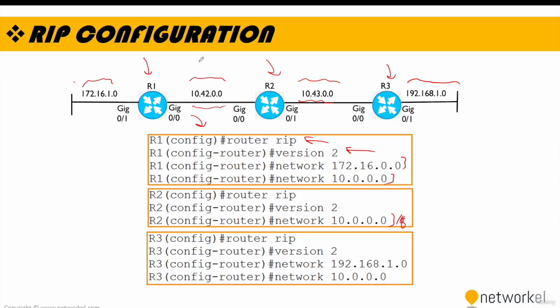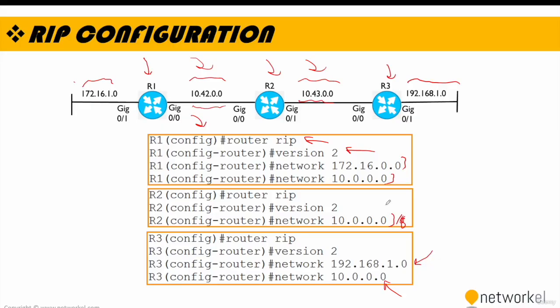will include both. Okay, and for this router 3, I need to type 10.0.0.0 as well as I need to type 192.168.1.0. Okay, so how you are configuring is really based on the subnet mask, okay, classes.